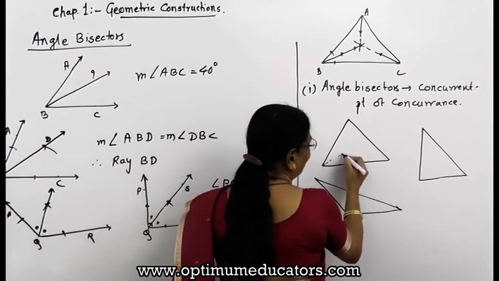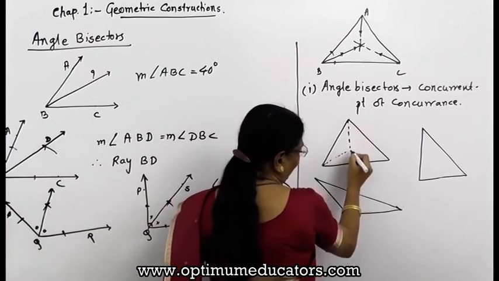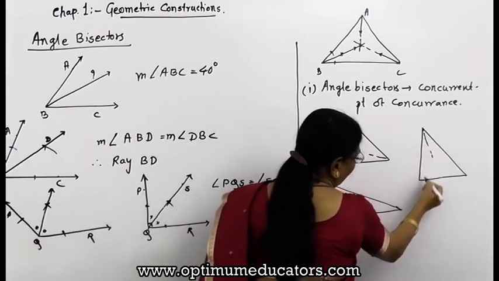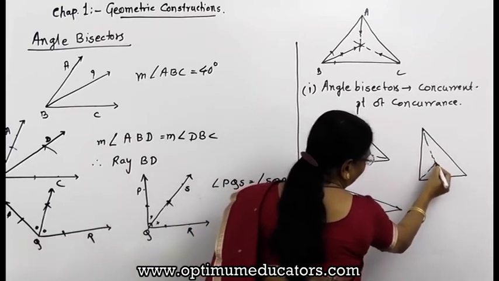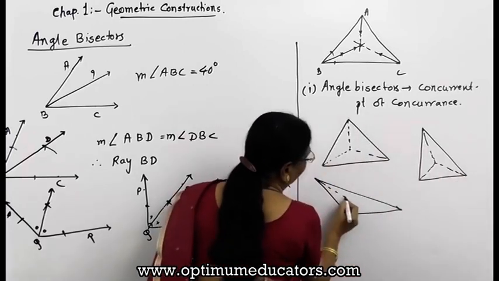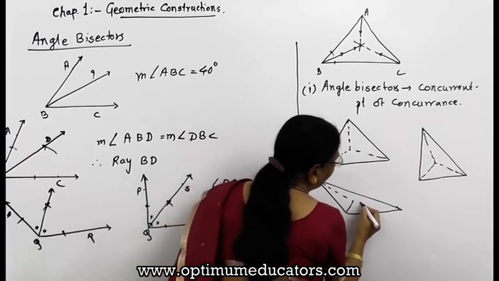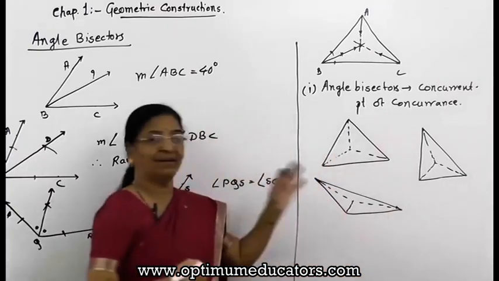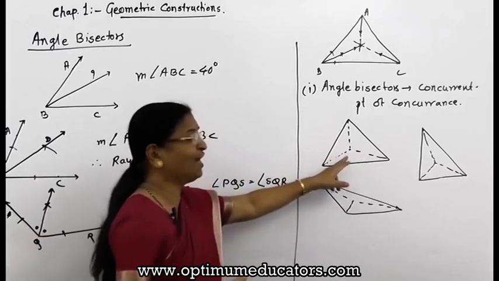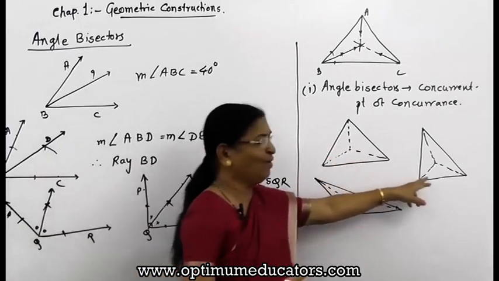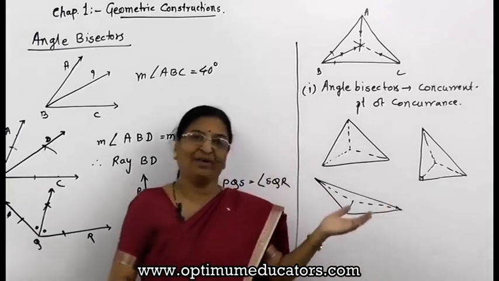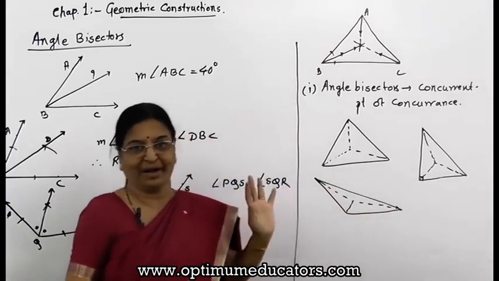Roughly I will show you. This is a point, here also this is a point, and here also. With this you can go for any triangle. These are the three maximum possible triangles. So we have drawn for the acute angle triangle, the right angle triangle, and of course the obtuse angle triangle.